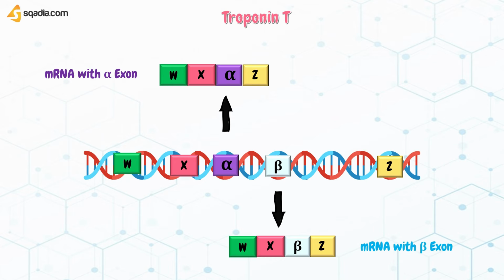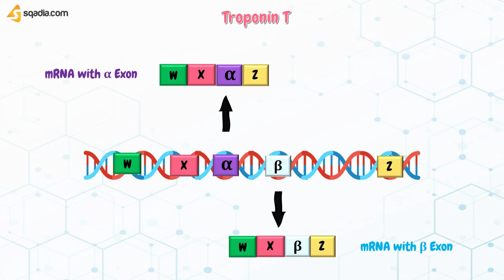Either one of the alpha and beta exons can be used in an individual messenger RNA, but both cannot be used in the same messenger RNA. So, the polypeptides produced by the 2 messenger RNAs contain sequences that overlap extensively, but are different within the alternatively spliced region.